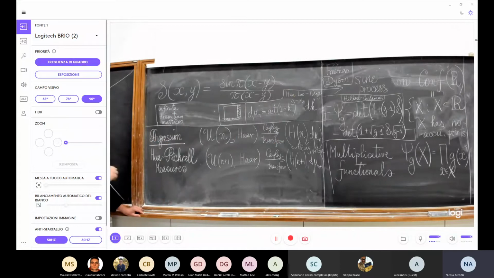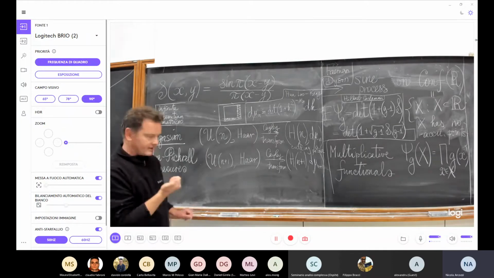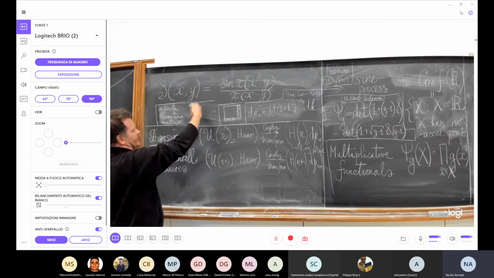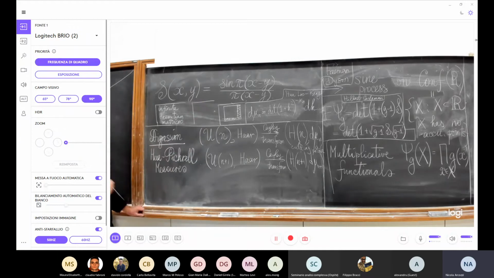So yes, this infinite Hermitian matrix is not an operator. It doesn't act anyway. It's just an infinite Hermitian matrix, a projective limit of finite Hermitian matrices.